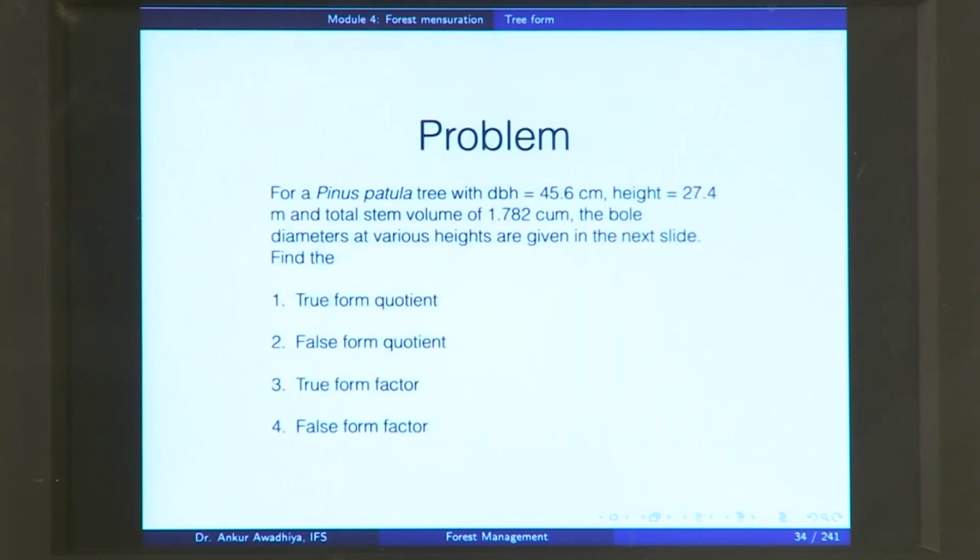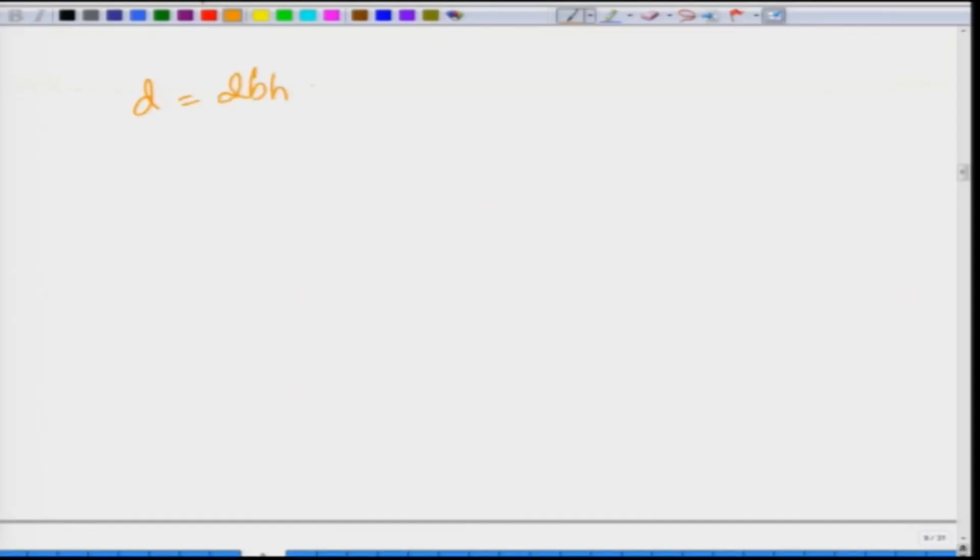So, let us now look at how we compute all of these in real life situations. So, this is the problem. For a Pinus patula tree, the diameter at breast height is equal to 45.6 centimeter. So, we have D or dBH is given by 45.6 centimeters.